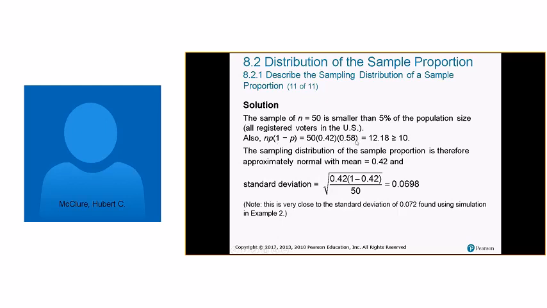12 is greater than 10. So write this down because this is a little test that you do before you take the standard deviation. And then you take pq and divide by 50 and take the square root, and that is your new standard deviation. This is very close to the standard deviation of 0.072 found using simulation in example 2.